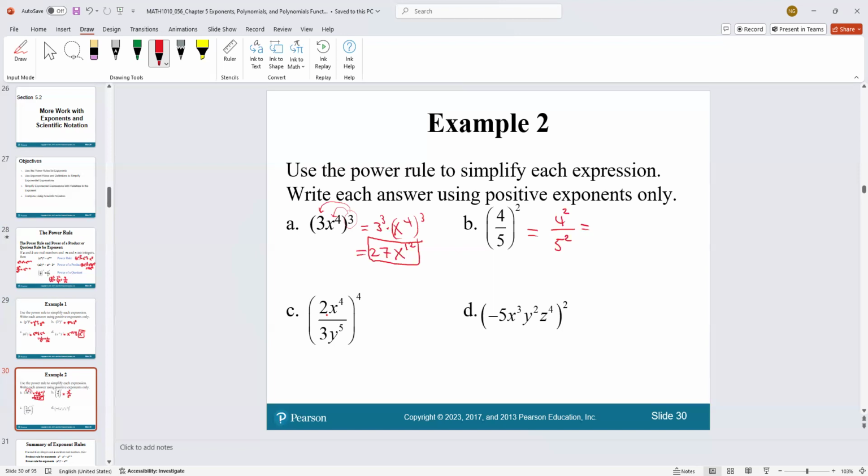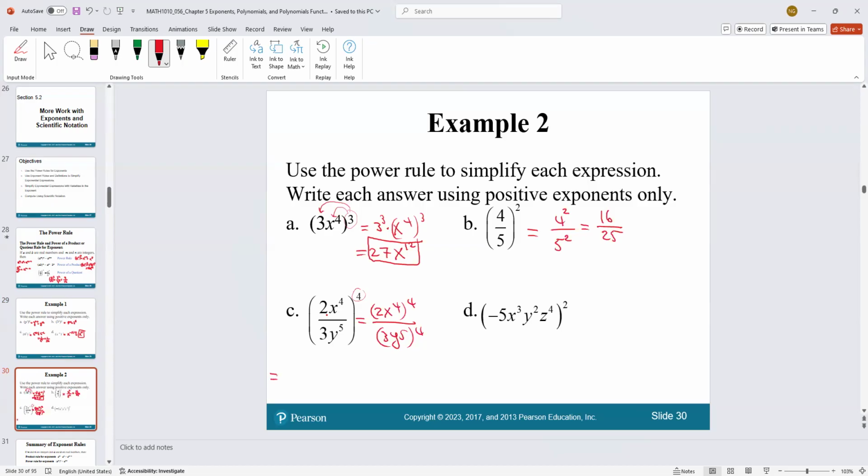For B, we can distribute the exponent because we said if the bases are different with the same exponent, we can give each of them the exponent. 4 times 4 is 16, 5 times 5 is 25. In C, remember these exponents right there. First of all, I can do 2x power 4, and I do 3y power 5 power 4. You see, I give each of them their own exponent.